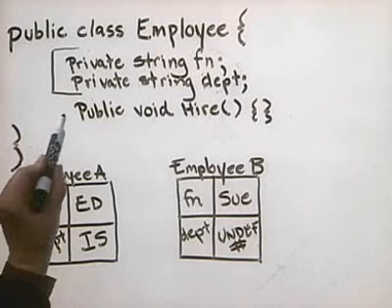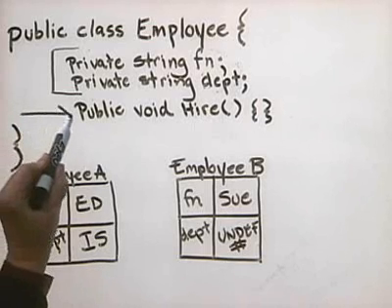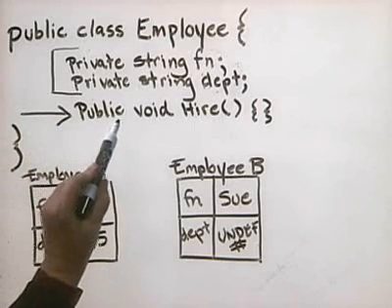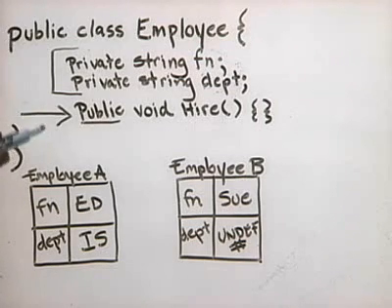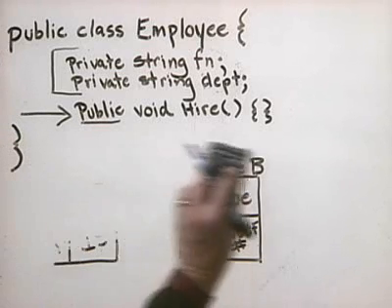Let's take a look at our example again. Notice that the employee class has 1 method. It's called hire. And generally speaking, what you want to do is make your methods publicly available outside of the class, so that if I were to consume or use this class or instantiate from this class, it might look something like this.